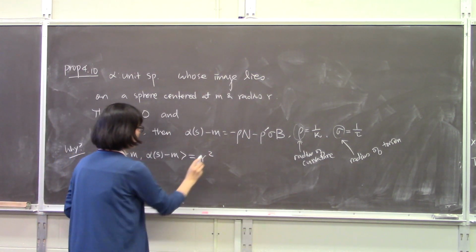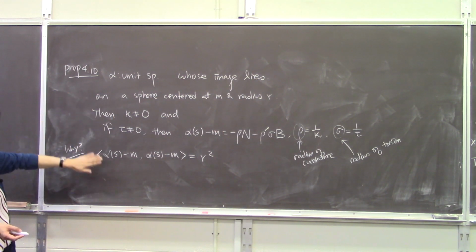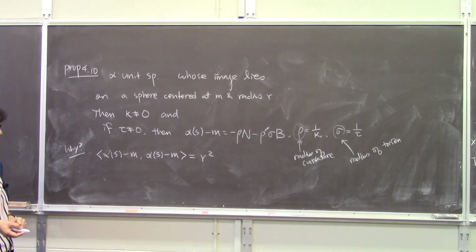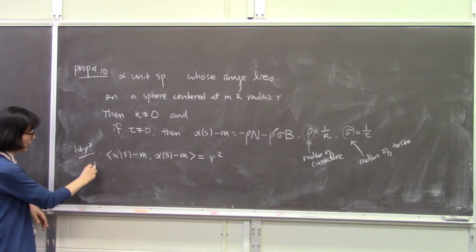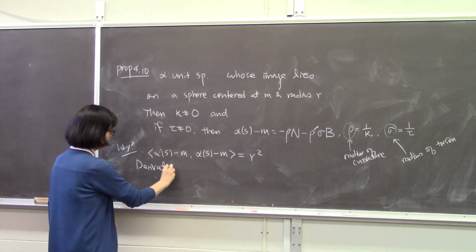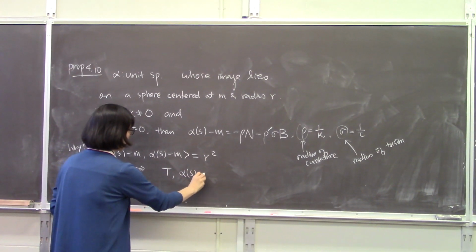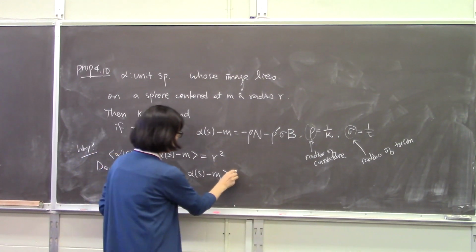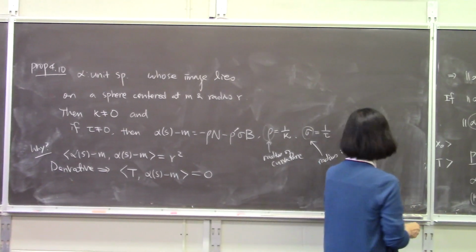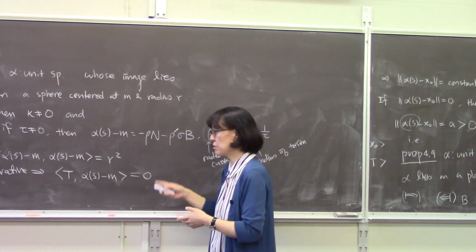Radius, so it's r squared. So according to the assumption, we can write that equation. Then let's take the derivative and see. We use a lot of derivatives, right? So take the derivative of this expression. Then it will be t dot alpha(s) minus m is 0, right? Product rule, we have 2 of those, and r squared is a constant, so that is 0.